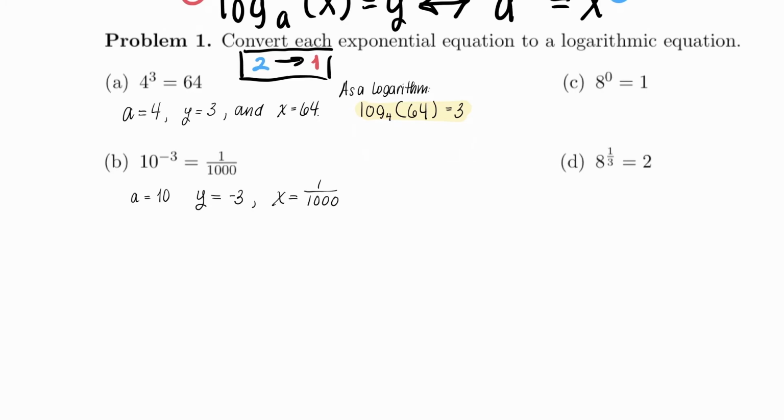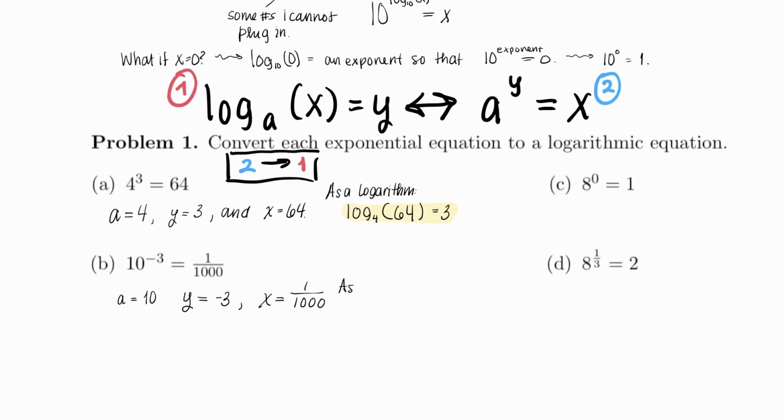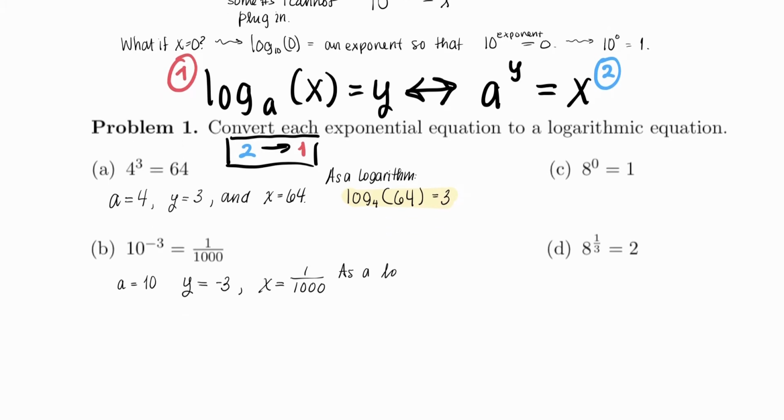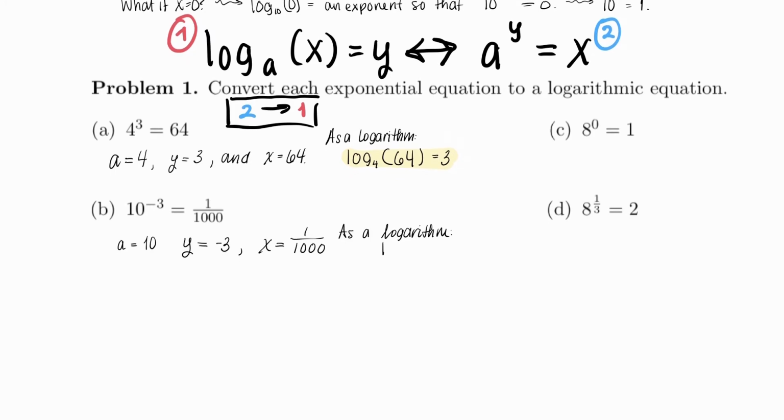And then as a logarithm, this is log base a, so log base 10, of 1 over 1,000 is equal to negative 3.